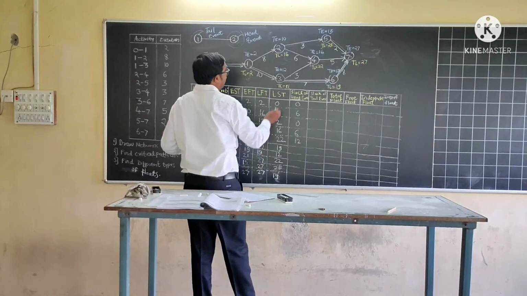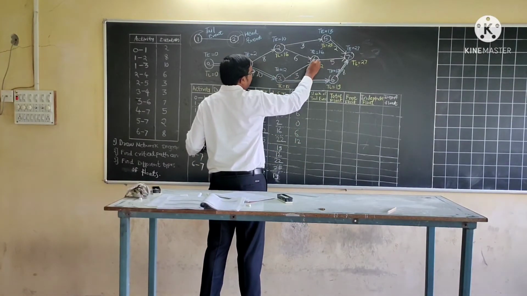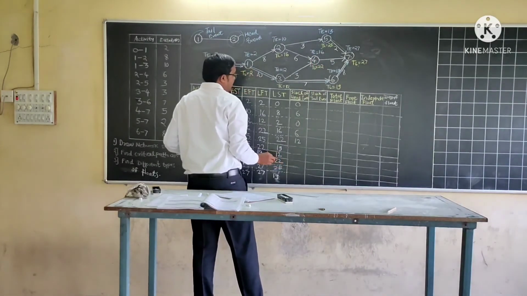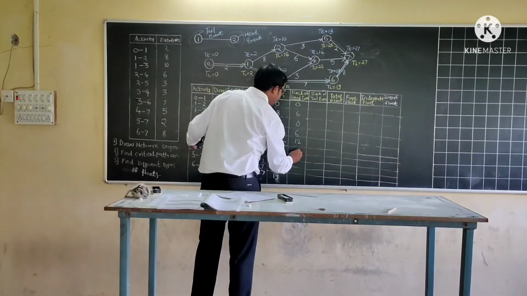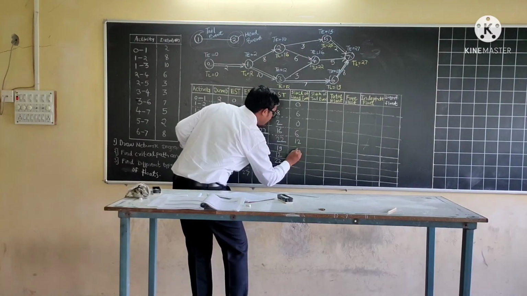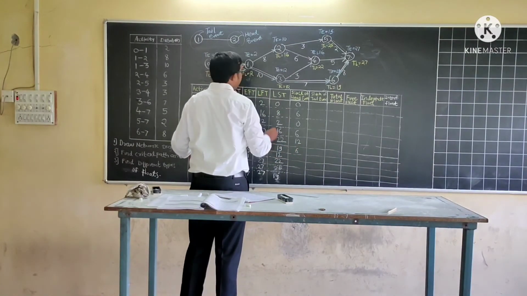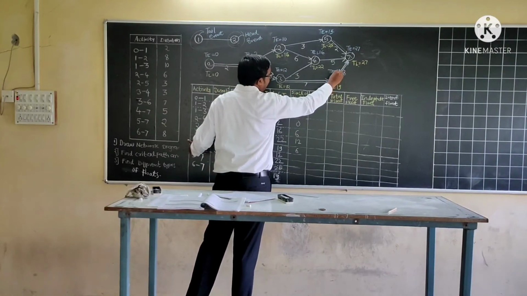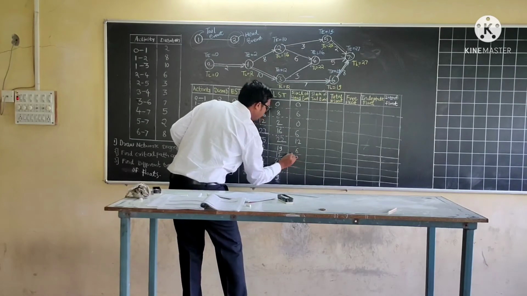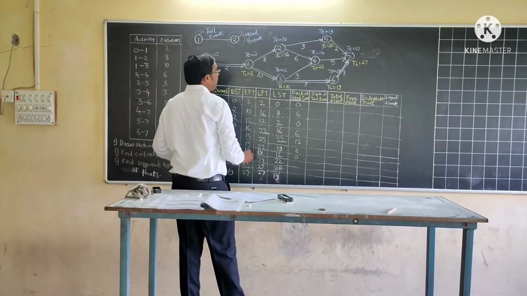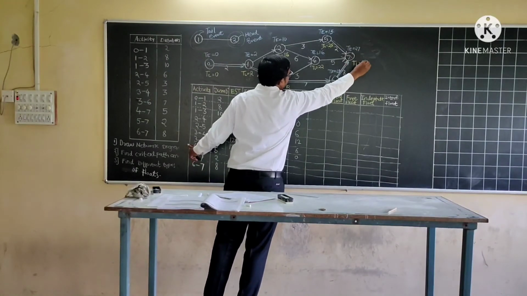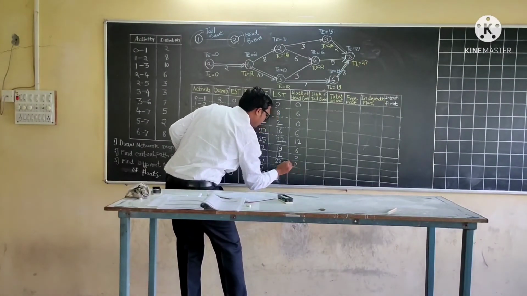Next is 3 to 4. 4 is the head event and 22 minus 16 is again 6. 3 to 6. Activity 3 to 6. 6 is the head event, 19 minus 19, 0. 4 to 7. 7 is the head event, 27 minus 27, 0.